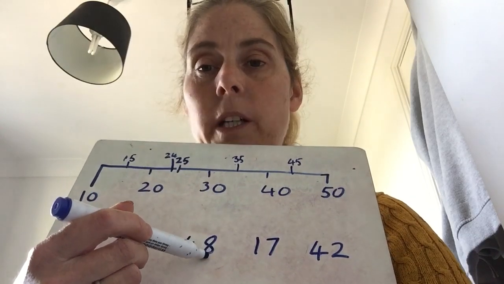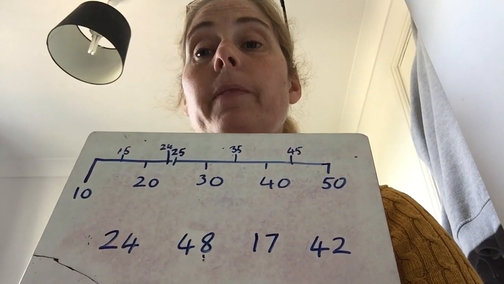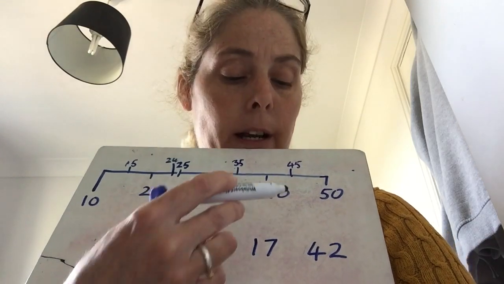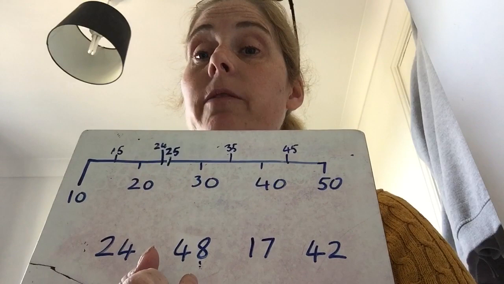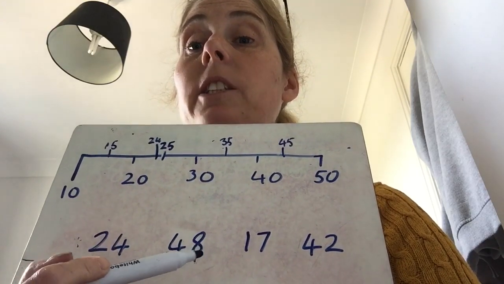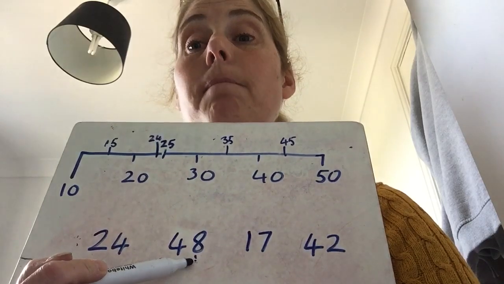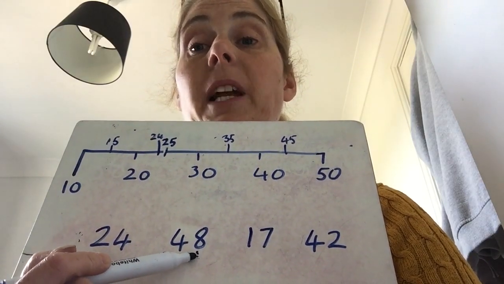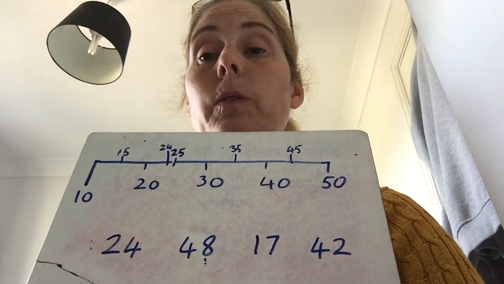Look at how many ones it's got. How many ones has it got? It's got 8 ones. And how many ones has 45 got? 5 ones. So it's got more ones, which means it is a bigger number. And because it's a bigger number, it's going to come after 45, okay?